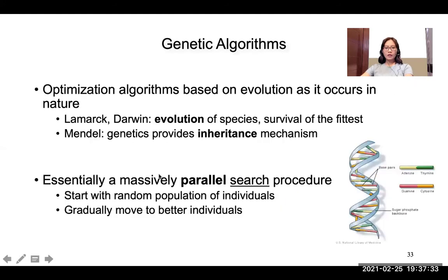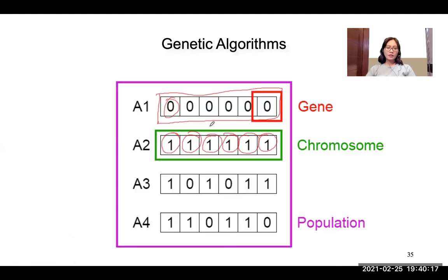In the world, there is a theory of evolution by Darwin and Lamarck: evolution of species, survival of the fittest, which says that the one that can survive is only the one that has the best gene.